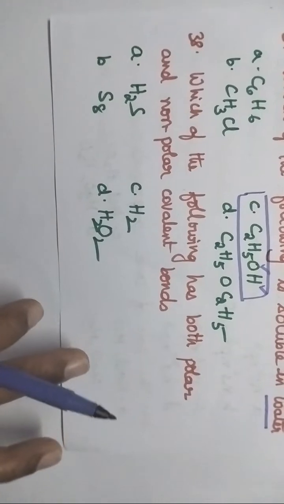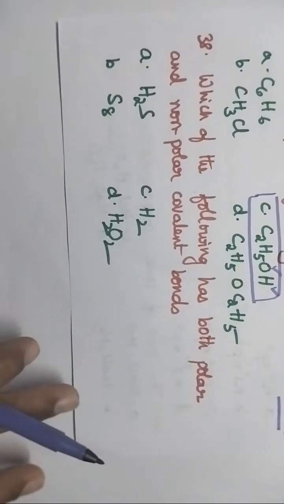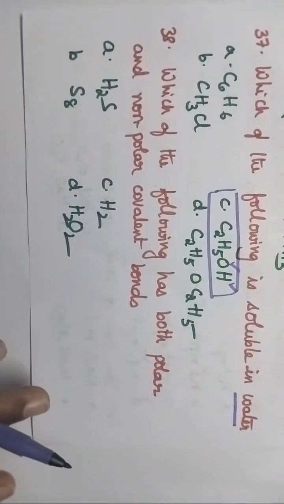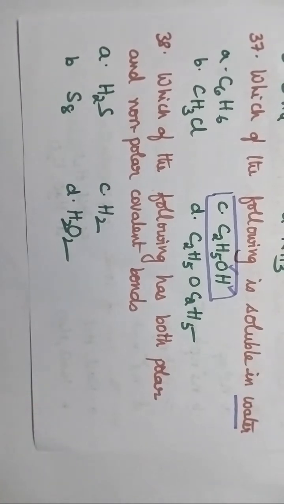Which of the following has both polar and non-polar covalent bonds? No doubt at all the compounds contain covalent bonds only. But identify which compound contains both polar and non-polar covalent bonds.